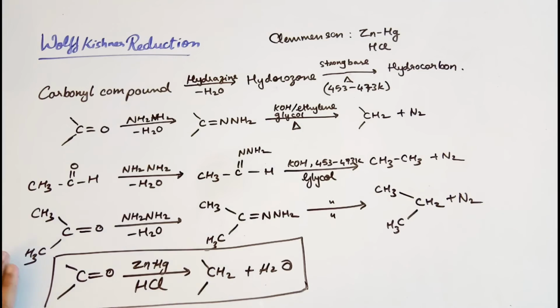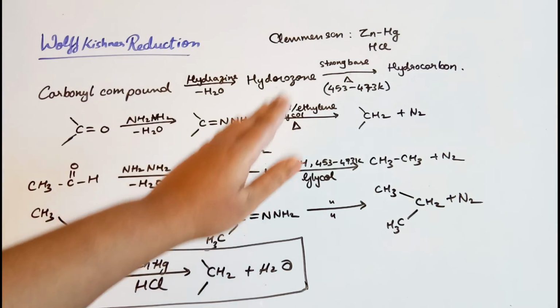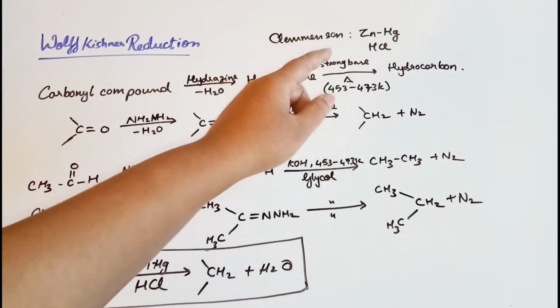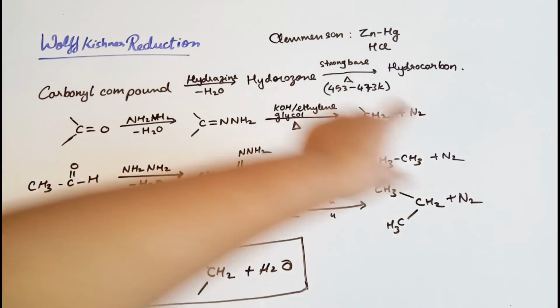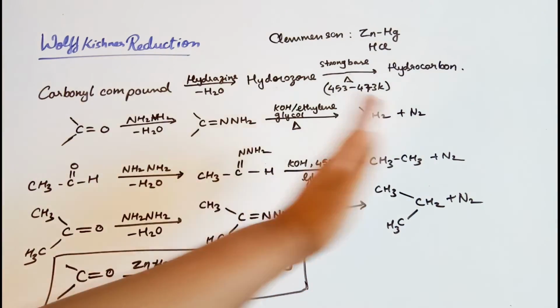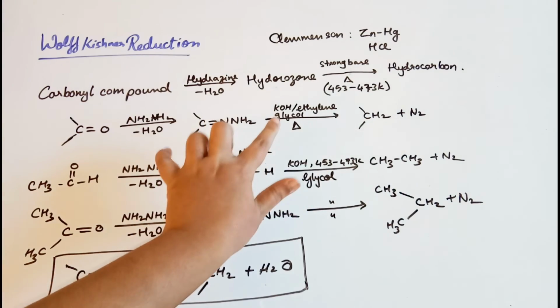But in case of Wolff Kishner, you're using hydrazine, we are getting a hydrazone, and that is undergoing reaction with a strong base, and on heating is giving us a hydrocarbon. This, on the other hand, is just a direct reduction reaction. Remember, don't learn these two reactions separately. If you do that, you are just wasting your time trying to memorize two different reactions. They're basically the same. The difference is the reagent, but the reactant and the end product that we're getting are the same. In case of Wolff Kishner, we have an extra step.